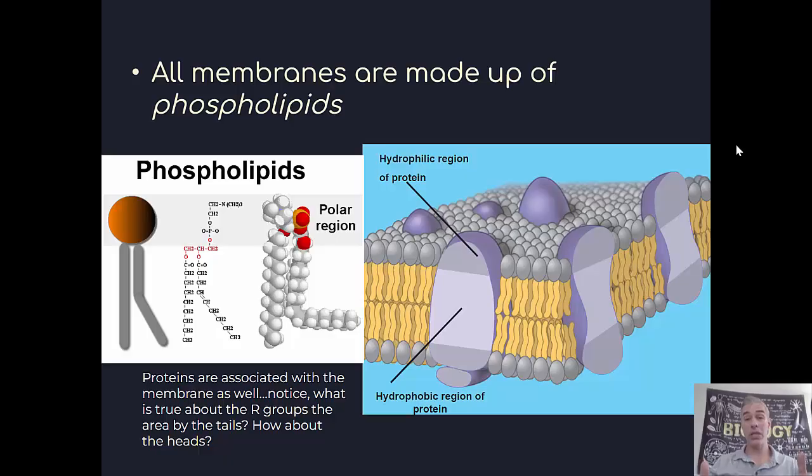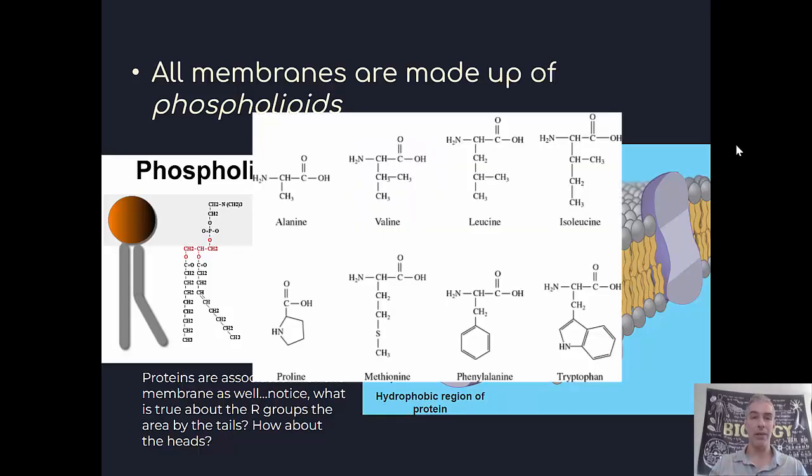And if you look at proteins that are embedded in the membrane, which is another component of the cell membrane, because proteins, as we're going to talk about, have tons of different jobs, the hydrophobic region of the protein is going to have many R groups within it that are long chains or are made up of just carbon and hydrogen, because that's what makes something hydrophobic, because of that equal charge distribution.